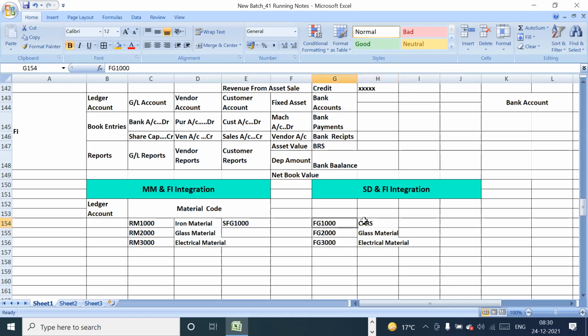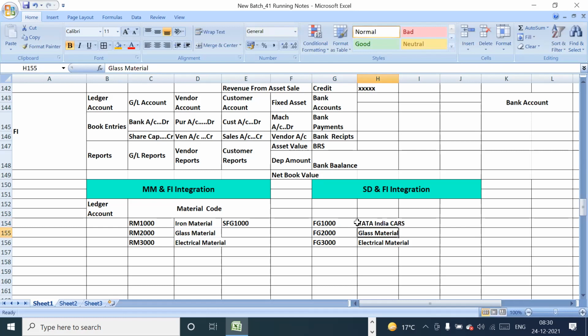Is it possible to track all cars in one finished goods code, or do you want to create multiple? If I want to know in my organization how many Tata Indica cars are manufactured, how much stock is there, how much quantity is there, is it better to create a separate code for Tata Indica cars, or is a single code for all cars okay?